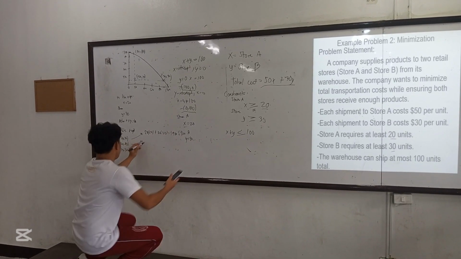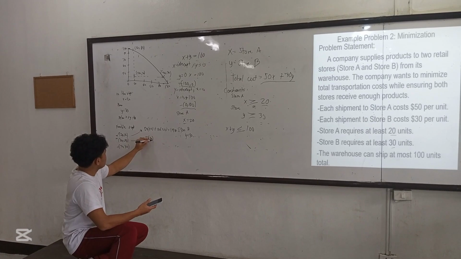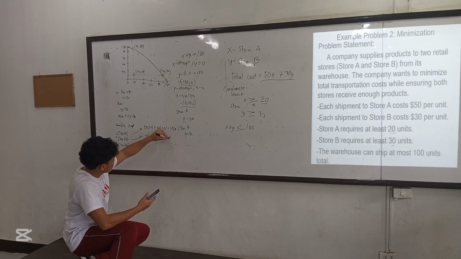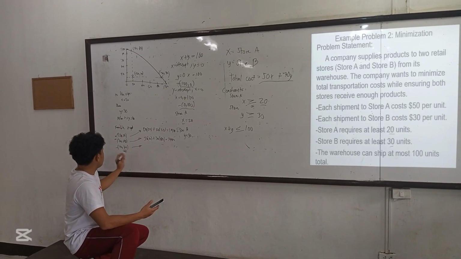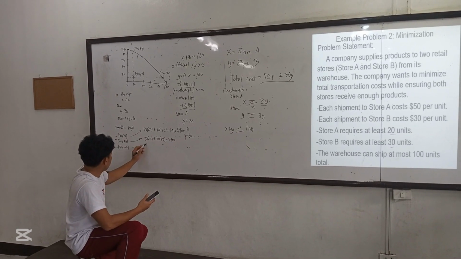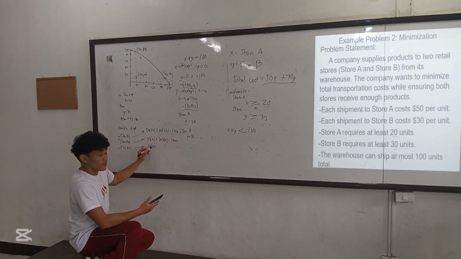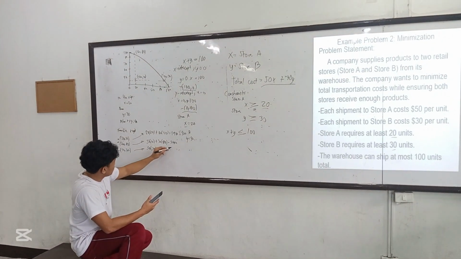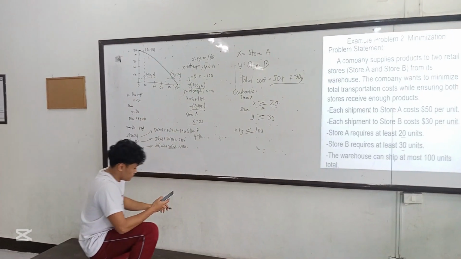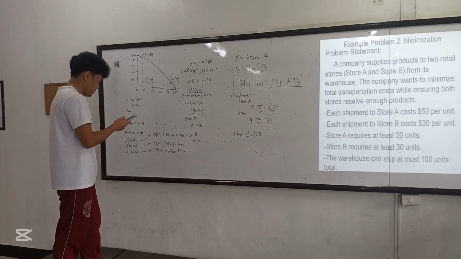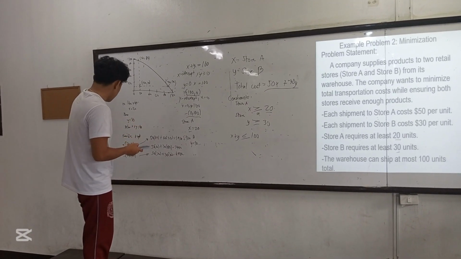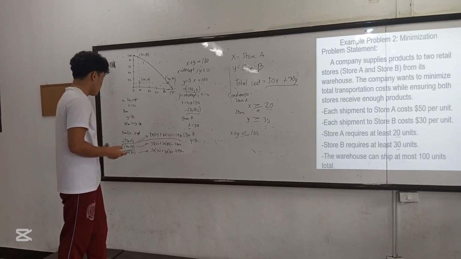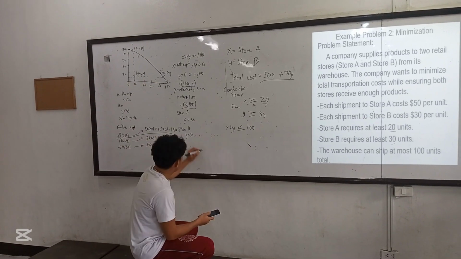And if the value of x is 20 and the value of y is 80, it equals 3,400. And next, substitute 70 for x and 30 for y. So we got 50 times 70 plus 30 times 30, which is 4,400. So in conclusion, the optimal solution is 20 and 30.